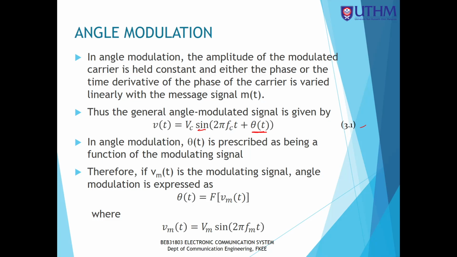My advice to you about the general equation: you should remember this bracket, because many students make careless mistakes here. Everything here belongs to the sine function. If you make a careless mistake here, the rest of the question will be wrong, because this is the fundamental first question.